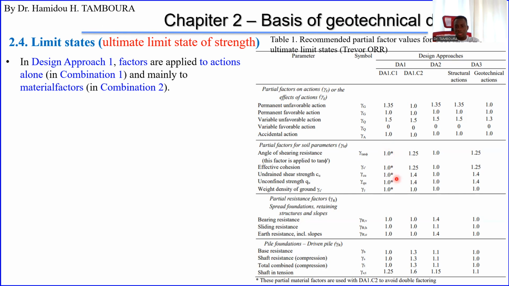And you can see this star. This star means that this partial material factor is used to avoid double factoring. But in design approach 1, combination 2, mainly the factors are used for the material properties. Here it is mainly 1, 1, 1. Only this one is 1.5, because that one is an unfavorable action.